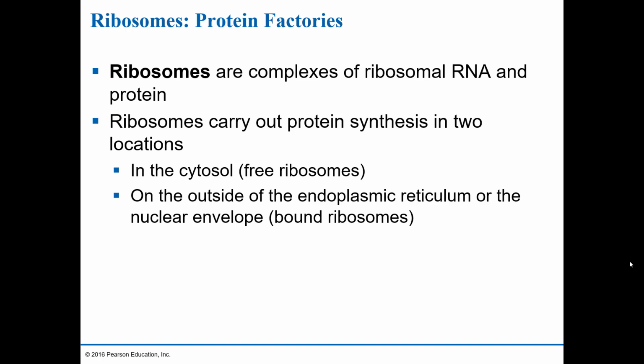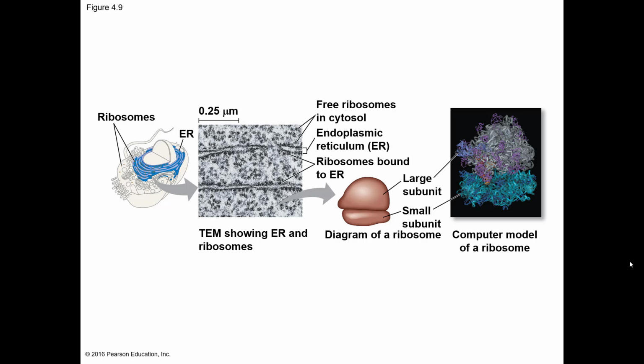Synthesize means to make, and so ribosomes make proteins, or they pass along the information to get those proteins made. So that happens in two places. It happens in the cytosol, or it happens outside the endoplasmic reticulum or the nuclear envelope. I'll show you what these things both look like. And we know them as bound ribosomes and free ribosomes.